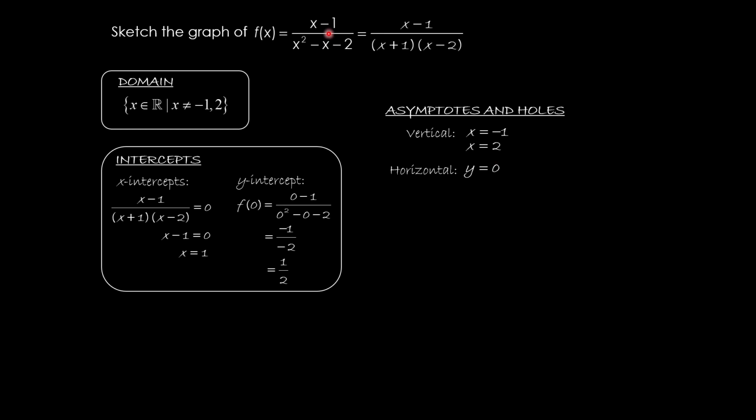That will always happen when the degree of the numerator is lower than the degree of the denominator. The reason is that as x approaches infinity or negative infinity, we get a value for this function that's closer and closer to 0, mainly because the denominator is growing much more rapidly than the numerator, in either the positive or negative direction.